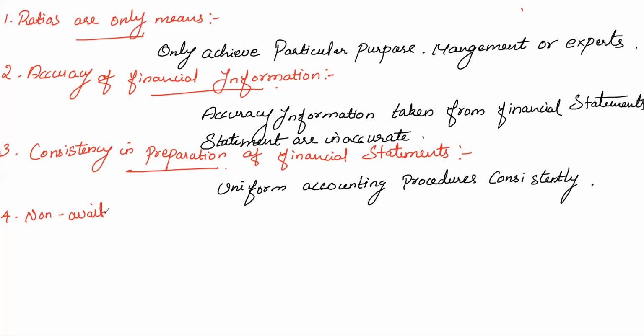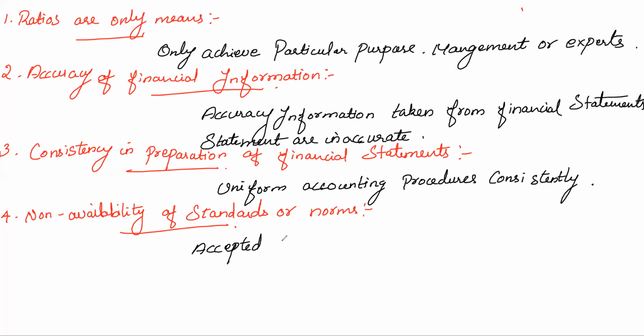Then fourth one is non-availability of standards or norms. Ratios will be meaningful only if they are compared with accepted standards or norms. Only a few financial ratios have universally recognized standards.